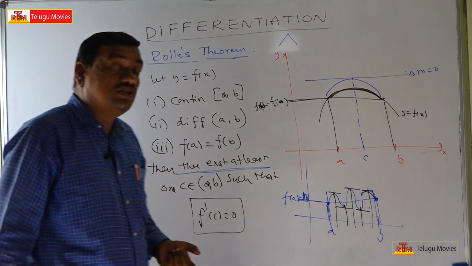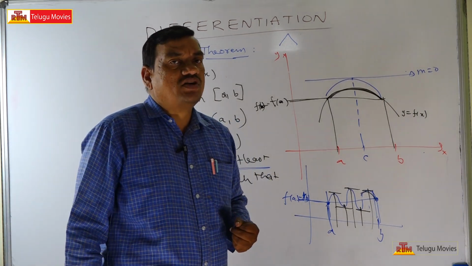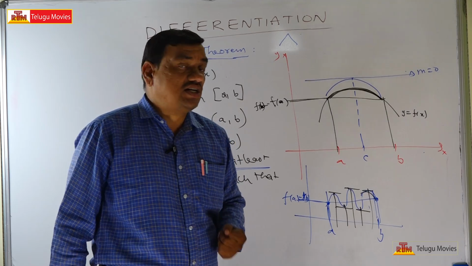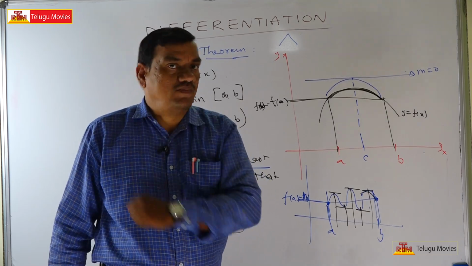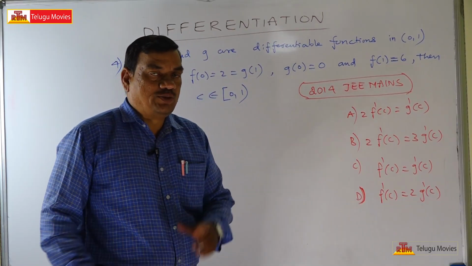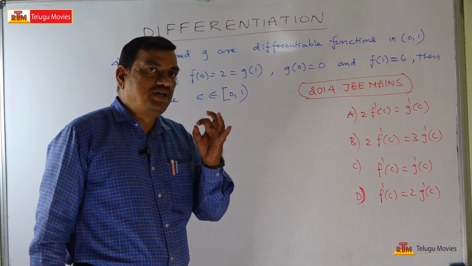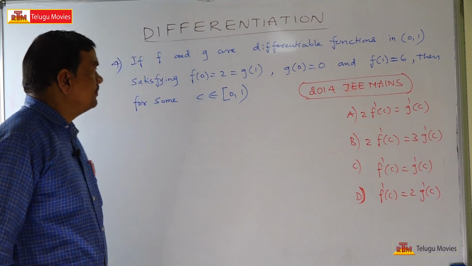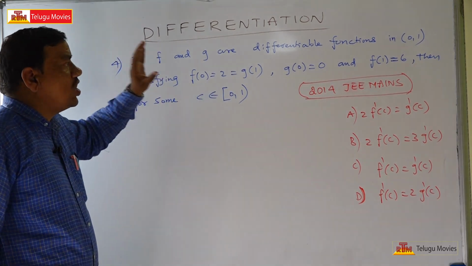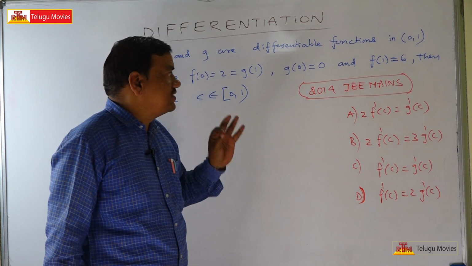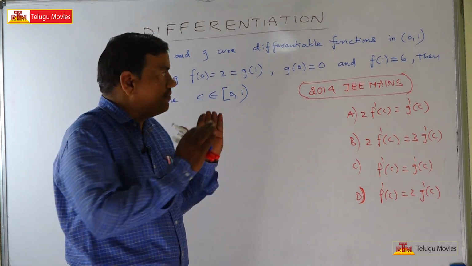Based on Rolle's theorem, there is a very nice problem that was given in the JEE Mains examination. Let us see that problem. Welcome to the next problem. This problem is based completely on Rolle's theorem. See the problem. f and g are differentiable functions in the open interval (0, 1).